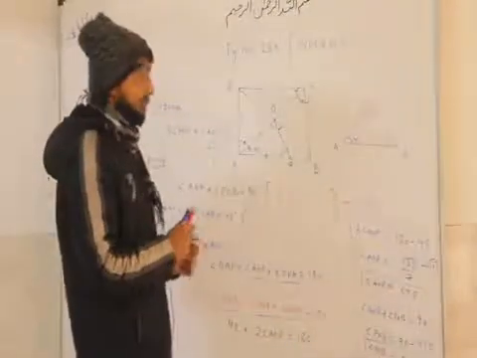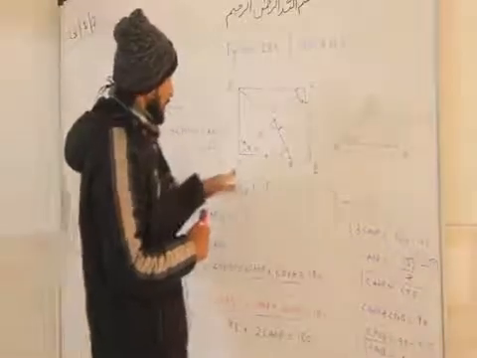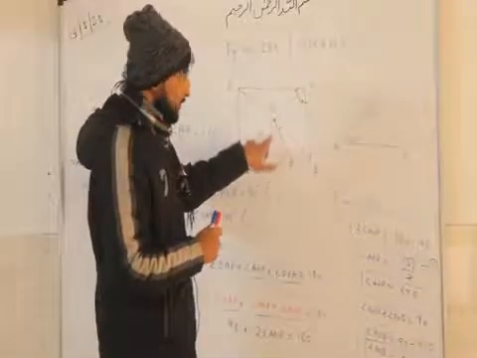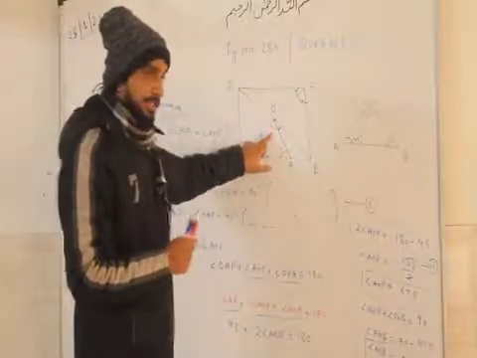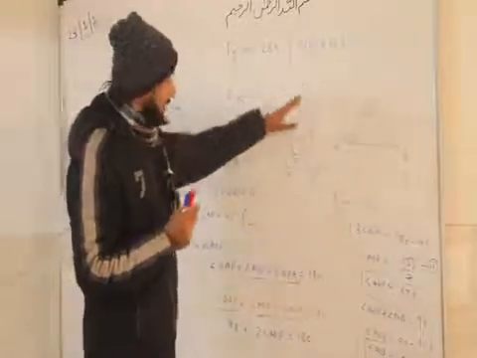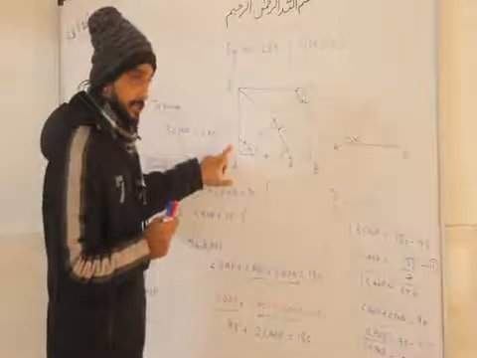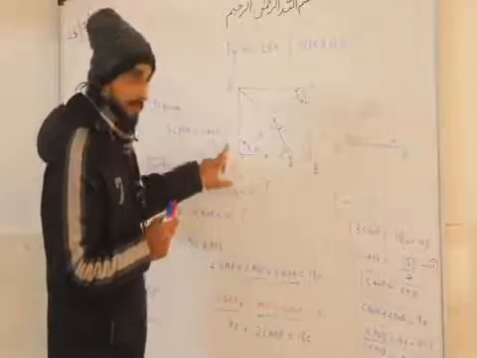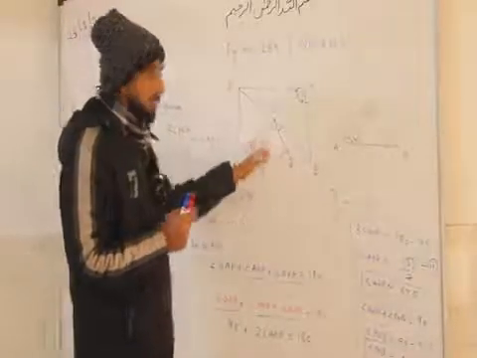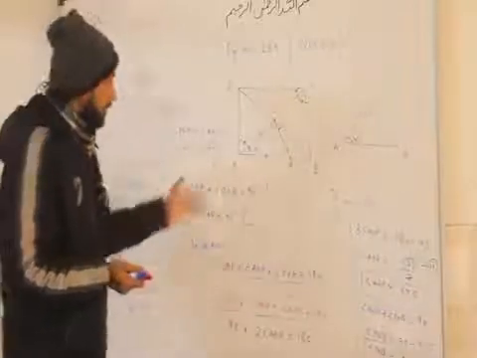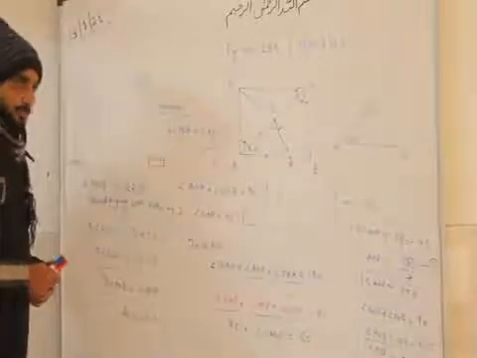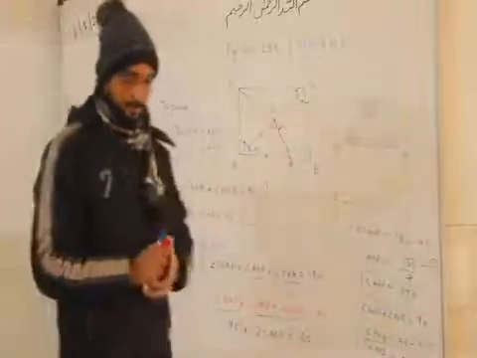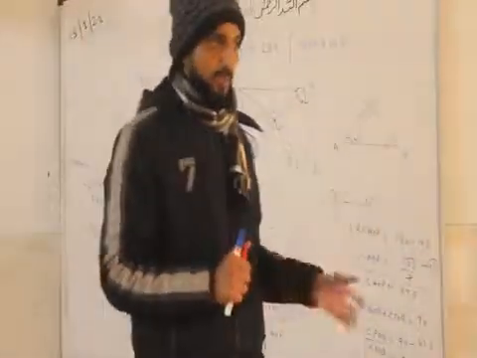So what properties have we used here? First, diagonals bisect each other perpendicularly, so this is the 90-degree angle. This one we have used. And the diagonals bisect the angles. We have used this property as well. And angle sum property, these are common things. So by using these properties of the parallelogram, we have solved this question. Fine? Okay. You can write down this.